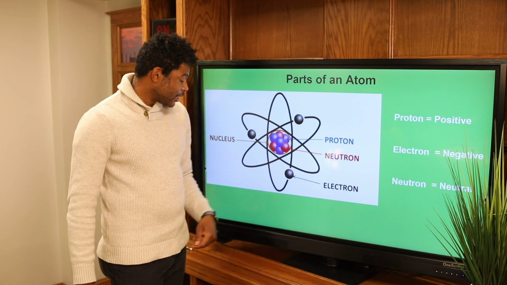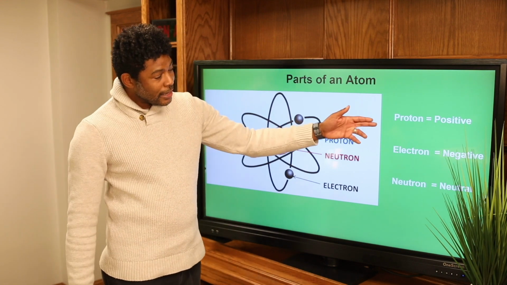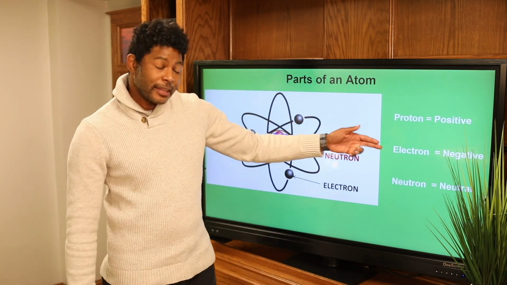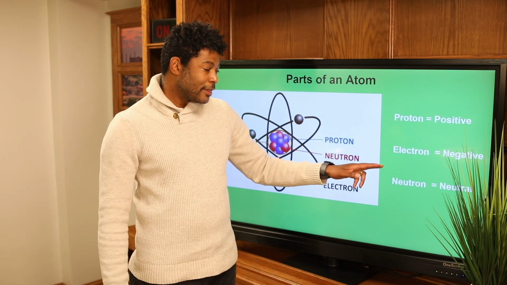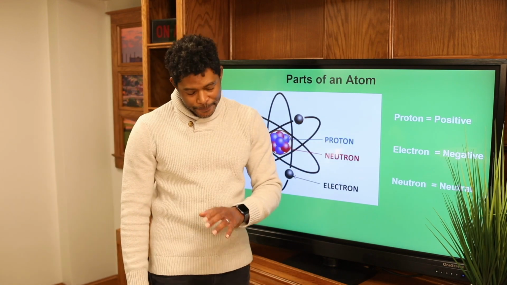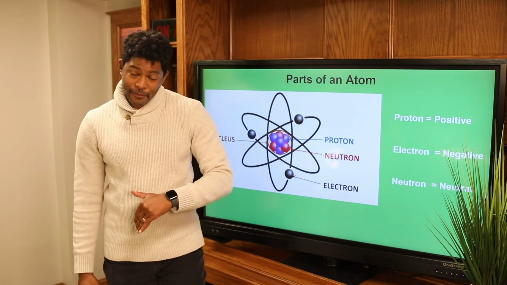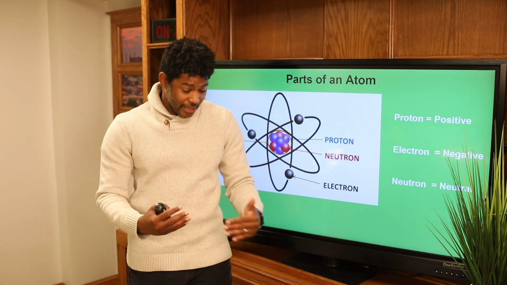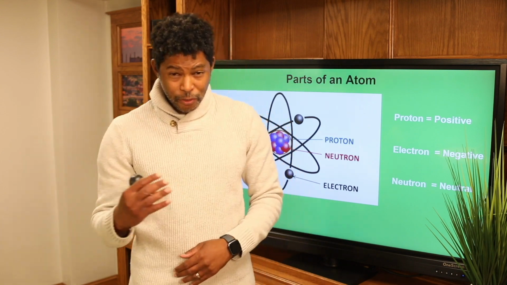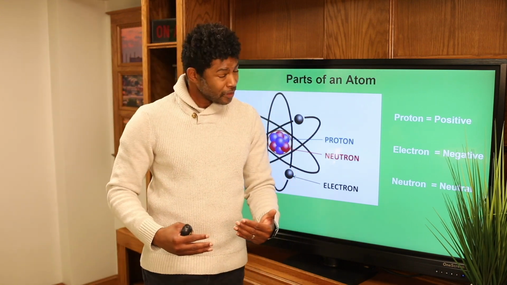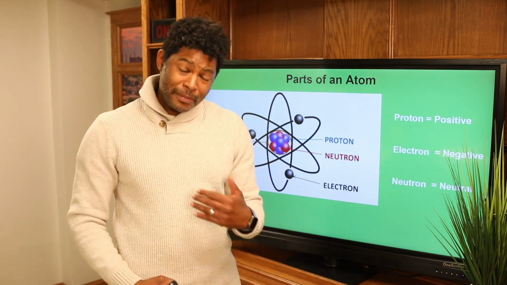All atoms have electrons. The proton is the positive part, the electron is the negative part, and the neutron is the neutral part. Now, a lot of people get neutron confused with negative. They're thinking neutron negative, neutron negative. No. Think neutron neutral. Or think neutron, Jimmy Neutron.